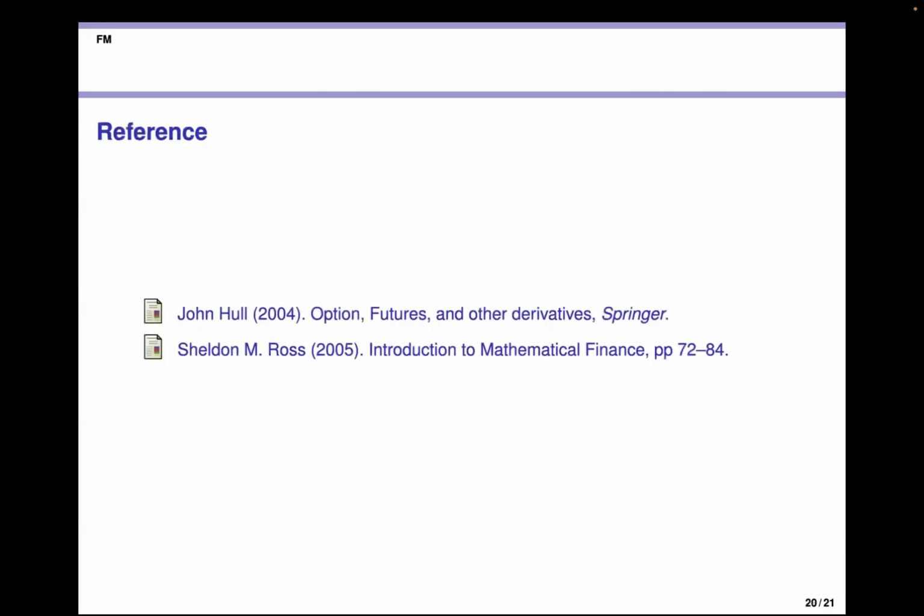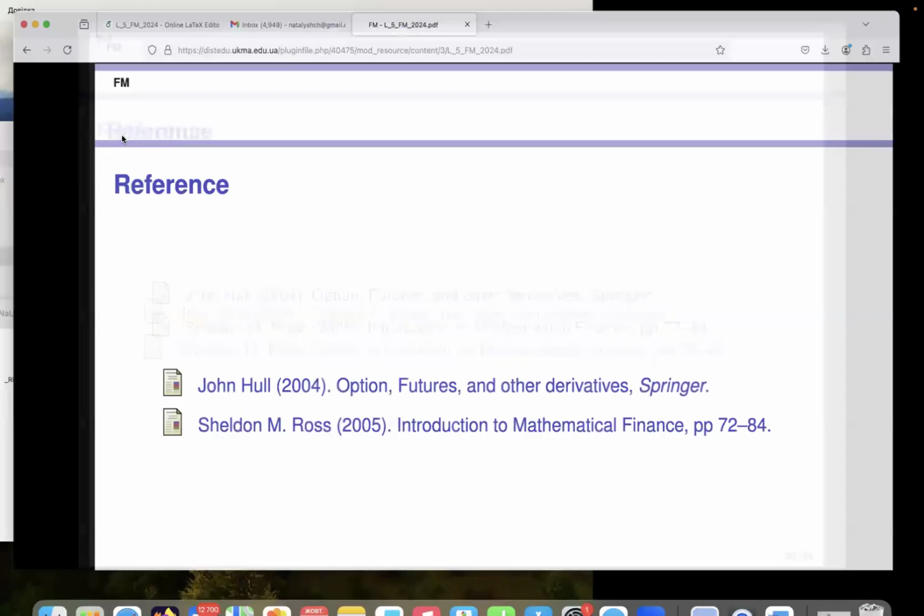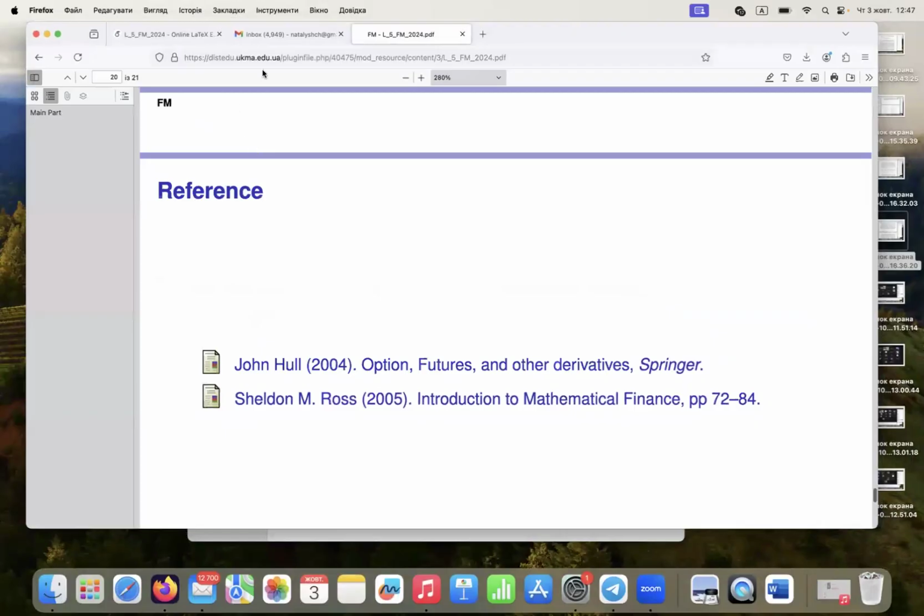For example, you can read about this in handbooks, for example Sheldon Ross, pages 72 and 84. And now we can open the test, and it will be an exercise from this book.